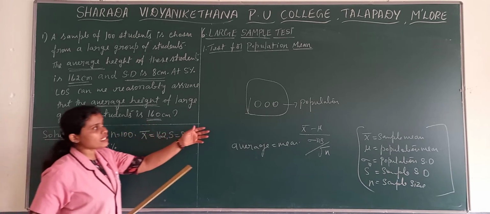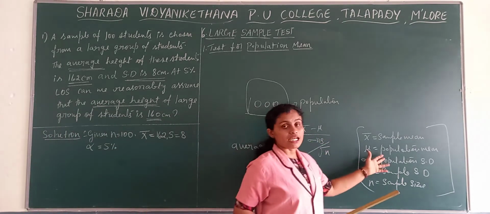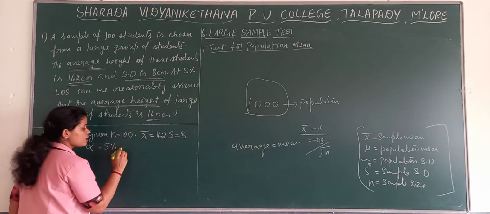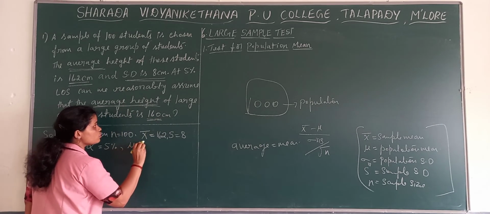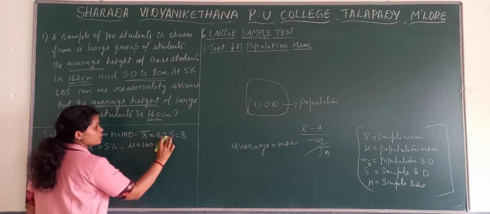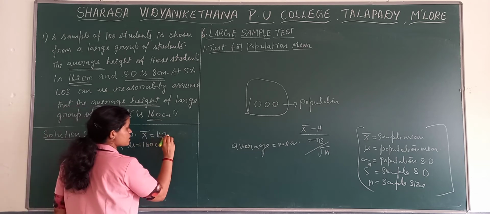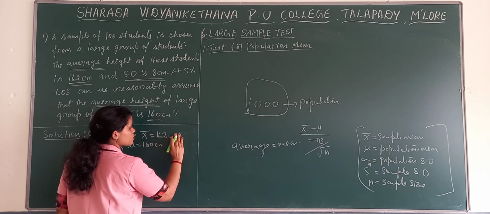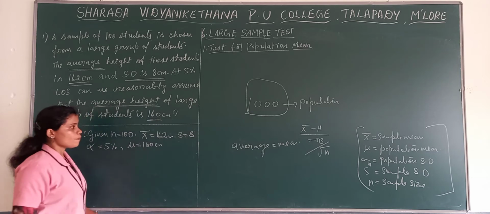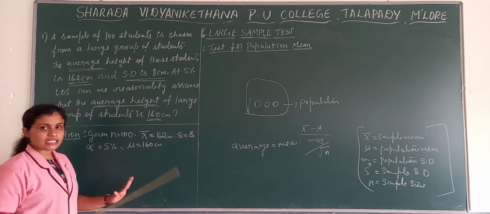A large group of students is nothing but the population. It's the population mean of that whole population, that is mu is equal to 160 centimeter. Standard deviation is 8. I hope it is clear.